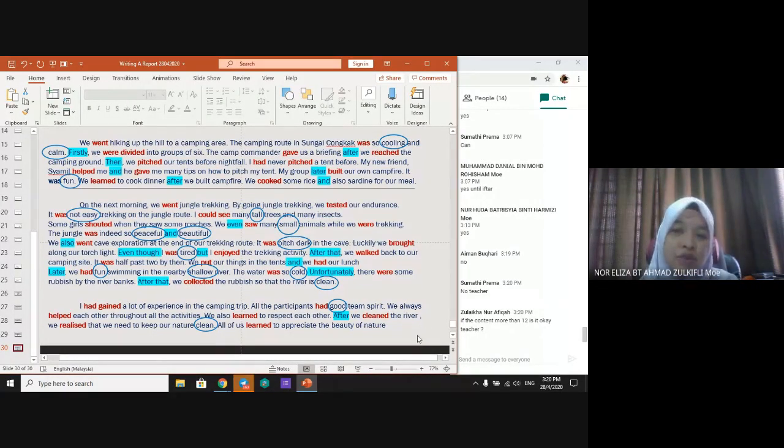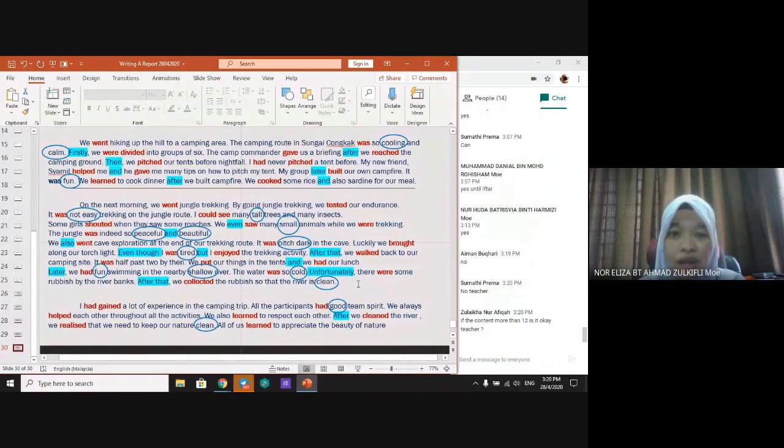Is everybody okay? If the content is more than 12, is it okay, teacher? Yes, you can have more than 12 content points. For example, if you look at this, the elaboration here, some points are not given in the notes. Okay, Zuleika, some of the points are not given in the notes. There are some points that I've shown you here which are additional points. However, take note that the content for directed writing is 12.